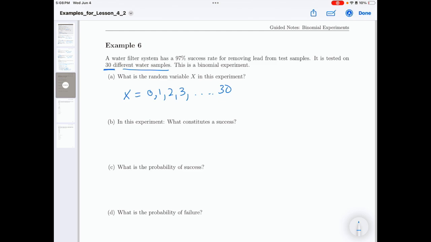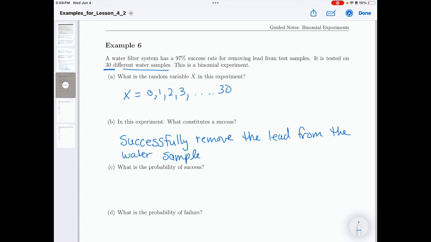A success occurs when you successfully remove the lead from the water sample. When they run this experiment 30 times, each time they're tracking if the lead was removed. If the lead was removed 20 times, then you would have 20 successes and X would be 20.